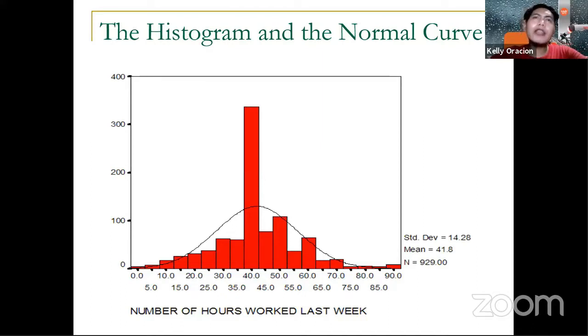Pero dito, as you can see, may isang number dito na medyo mataas, siya lang yung medyo iba, but the rest, if you observe the graph, still follows the normal curve. Not that very normal, but still it follows the normal curve.